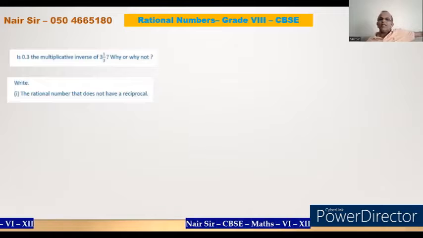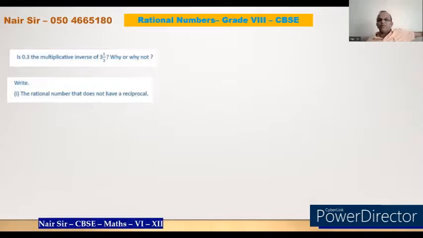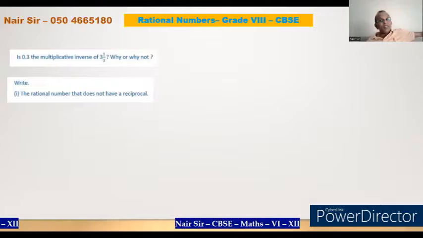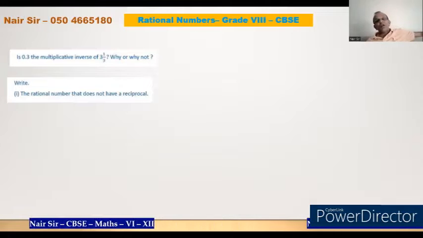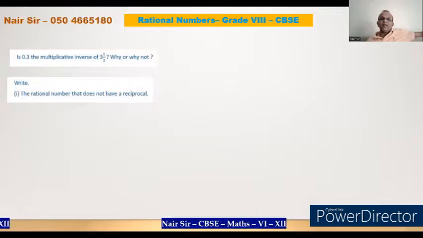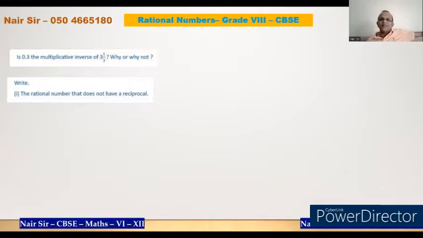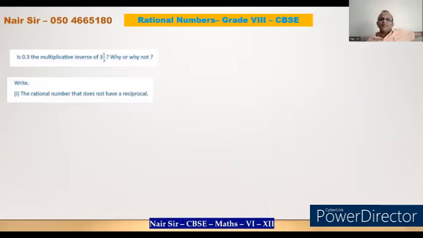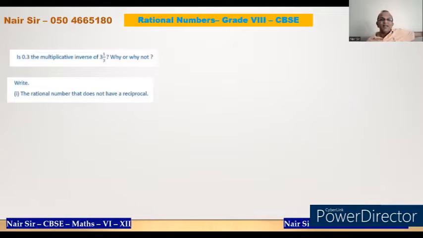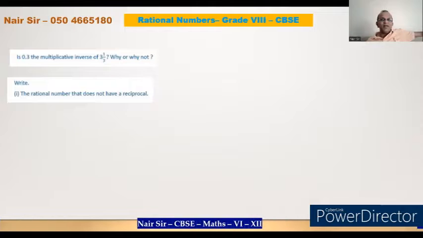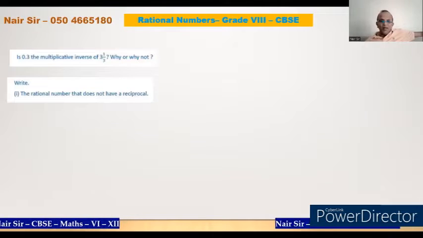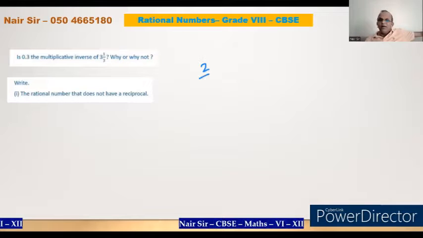The rational number that does not have a reciprocal. Which number does not have a reciprocal? Can you tell me? Take any number. Take the number 2. 2 can be written as 2 upon 1. The reciprocal of 2 is 1 upon 2. Let's take 1.